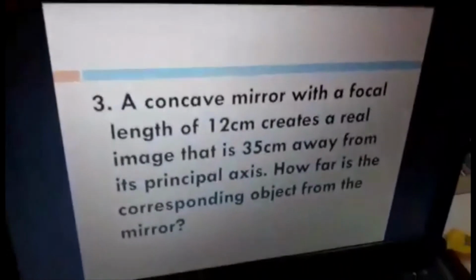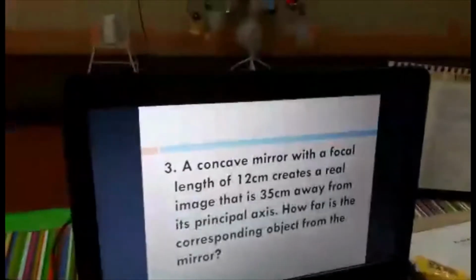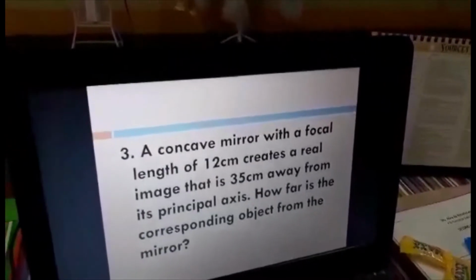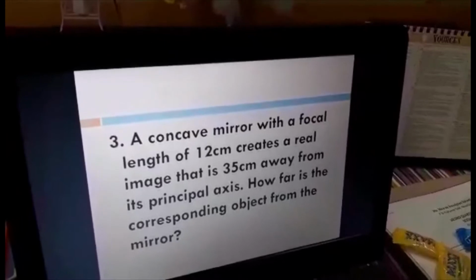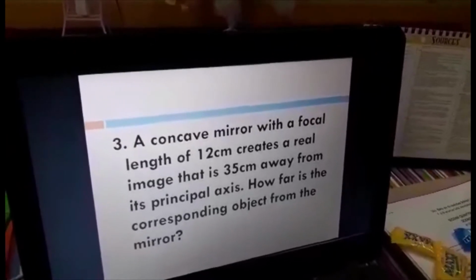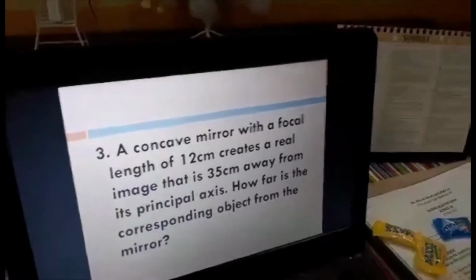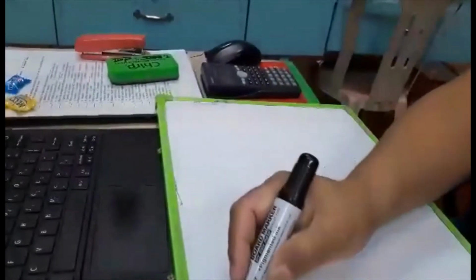Second problem or the third problem in my PowerPoint, nagamit-gamit ko po. Okay, so a concave mirror with a focal length of 12 centimeters creates a real image that is 35 centimeters away from its principal axis. How far is the corresponding object from the mirror? So what are we going to do now is that we have to identify our given again.